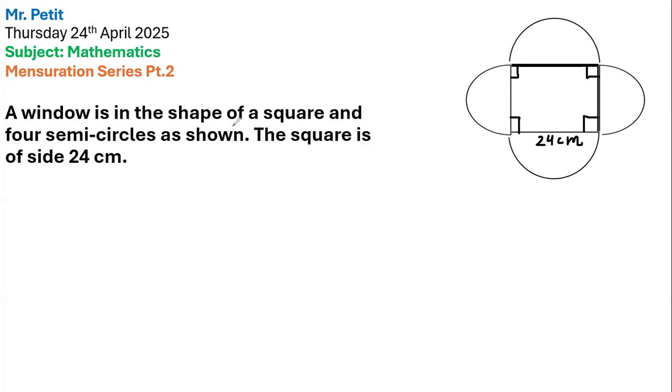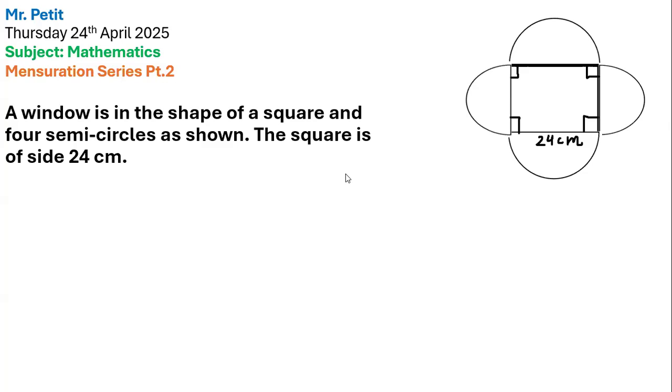So the window is the shape of a square, so it has a square in the middle, okay? And it has these semicircular regions or portions, okay? How many semicircular regions do we have, class? How many? 4. I'm not hearing from Aiden Adderley. How many semicircular portions do we have in the diagram? 4.